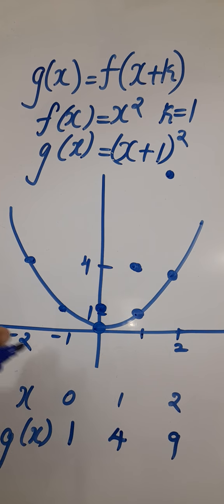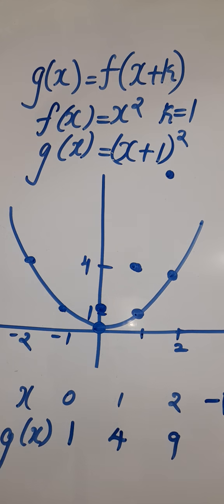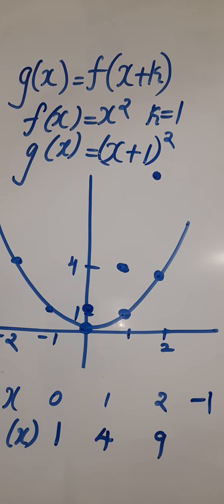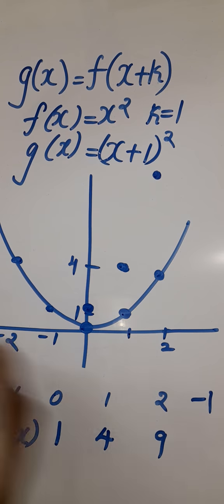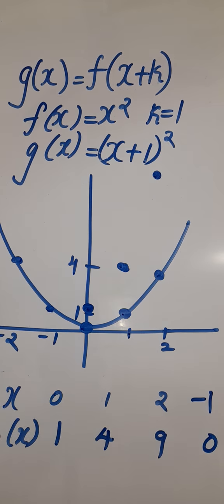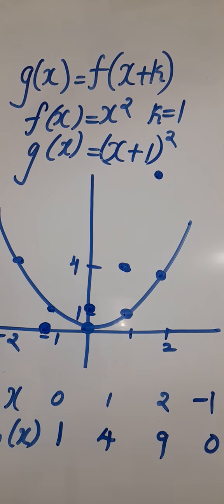Now, let us consider few other values to get clarity on this. Let us consider x equals minus 1. For x equal to minus 1, what do we get for g of x? Minus 1 plus 1, which is 0, 0 square, 0. So we have minus 1, 0 to be a point on g of x.